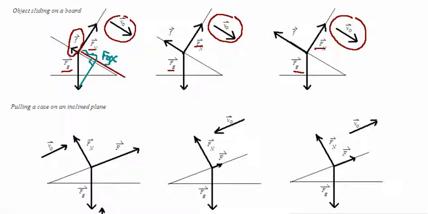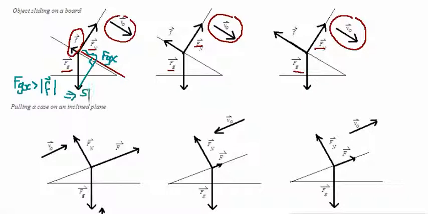Now if I compare FGX and the friction force, I can see that FGX is larger than the magnitude of F, which means that there is more force pulling the object downhill than friction force preventing it from speeding up.